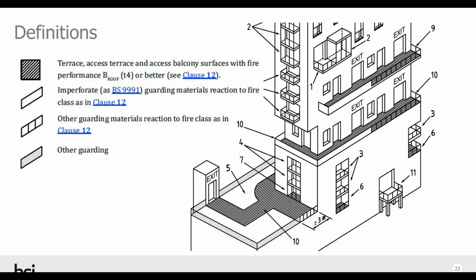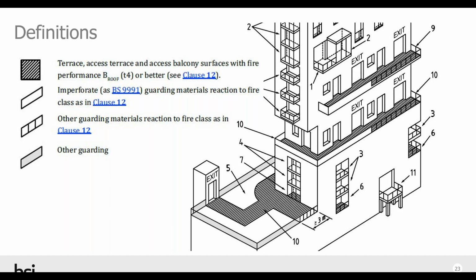And then finally, there are the illustrations of the different types of guarding and also, quite crucially, ways of reducing fire spread across terraces and along terraces.